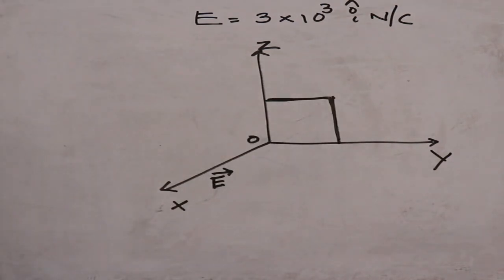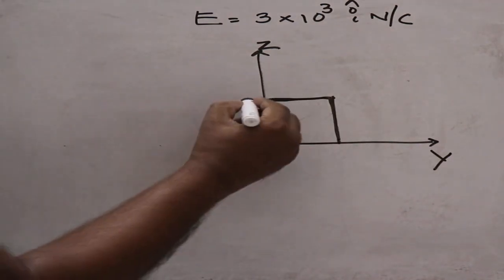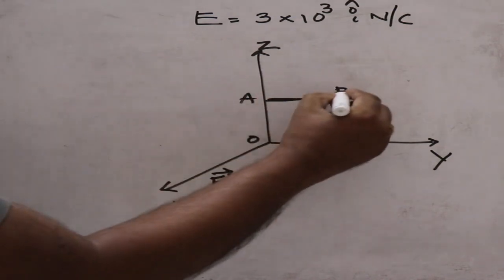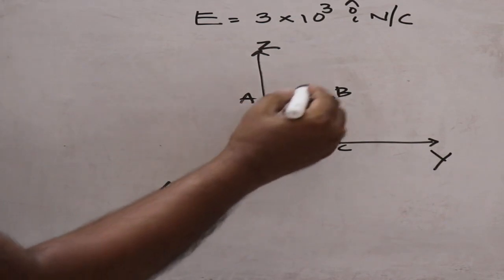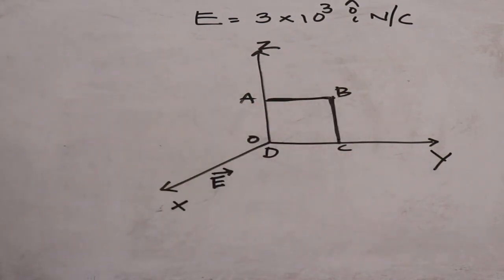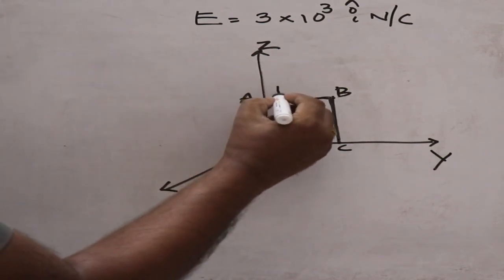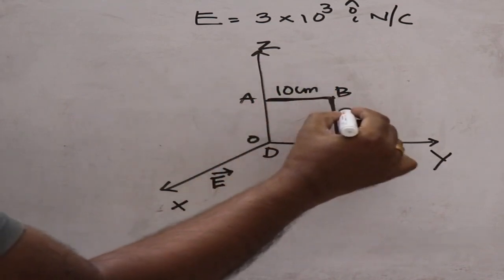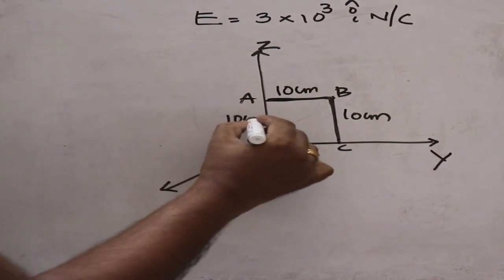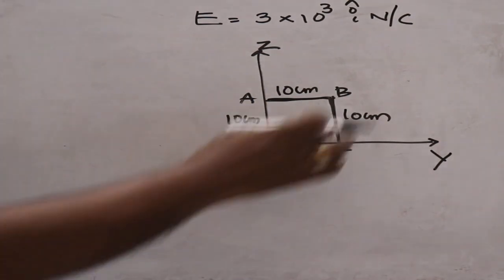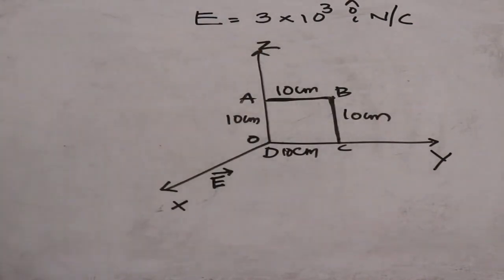Here we consider a square in the YZ plane. So this is the square, with vertices A, B, C, and D.